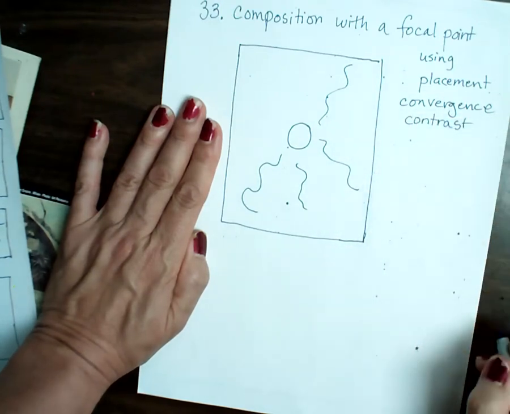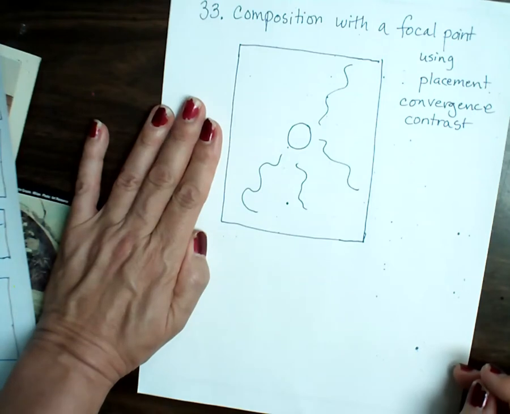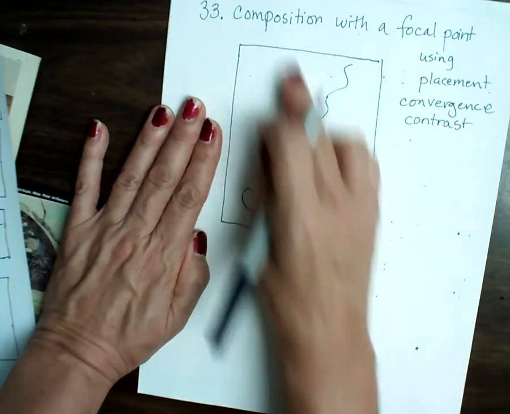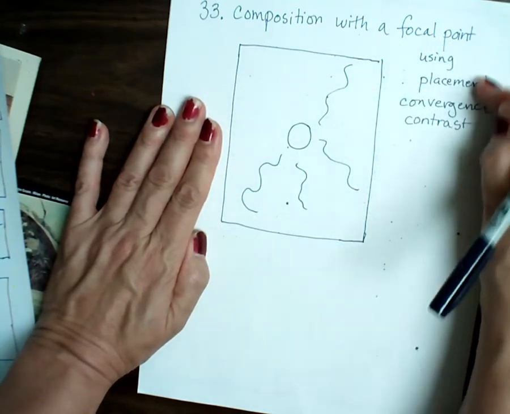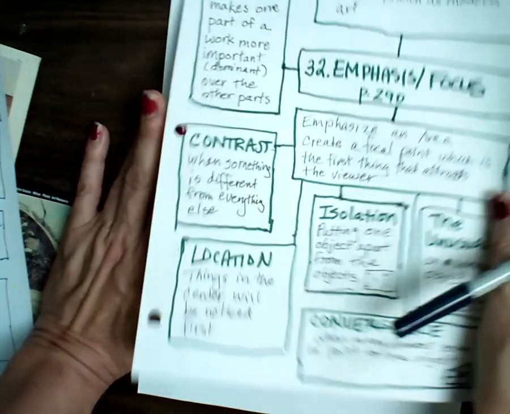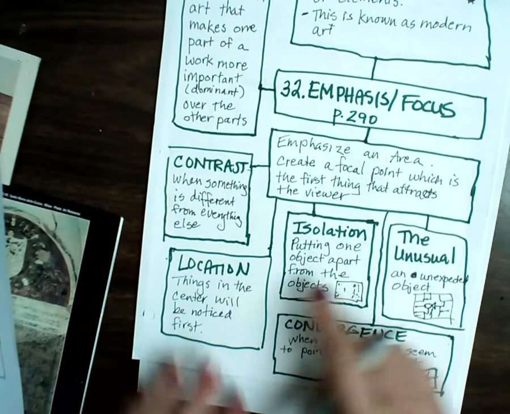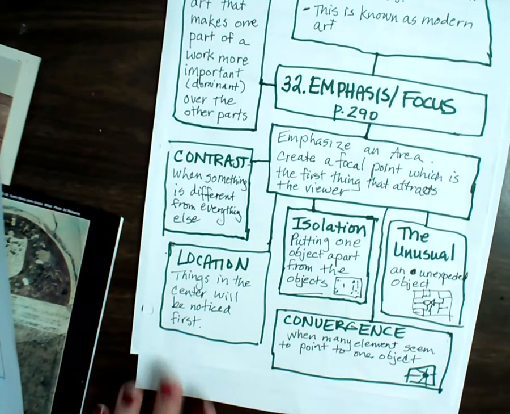Okay, so that's all you need to do: make a composition with a focal point. And then I want you to say which of these you used, and you're probably going to use more than one. If you use just one though, that's okay. All right, any questions? All right, make sure you got your packet.